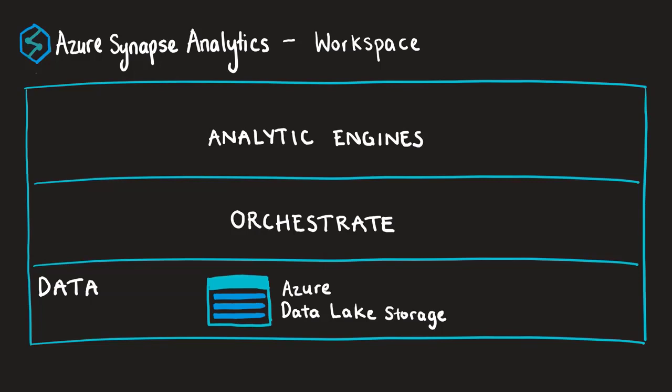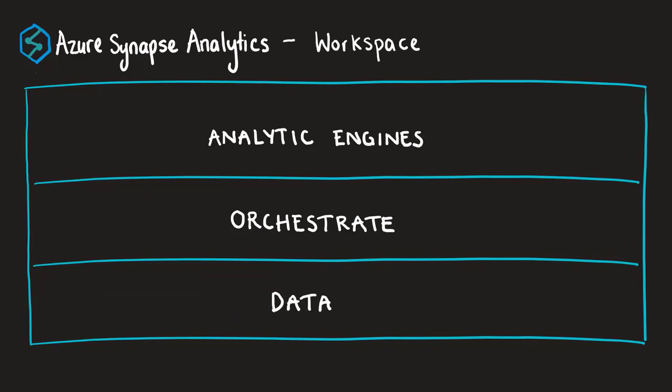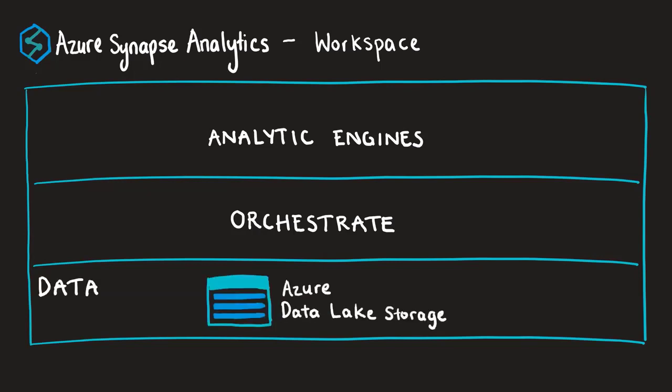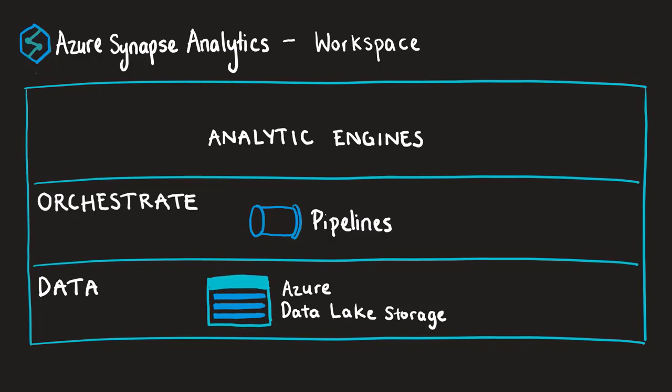If we then take a step up and go to the orchestration layer, there we go, we get the pipelines. So this is essentially the same thing as we know as Azure Data Factory. And within the Synapse documentation, it's most often called pipelines, so that's why I used that word in here.